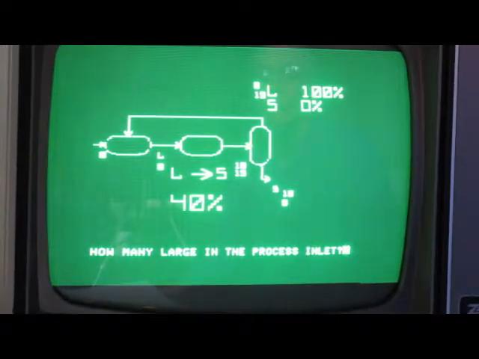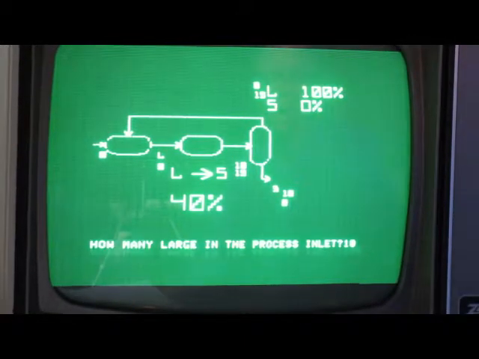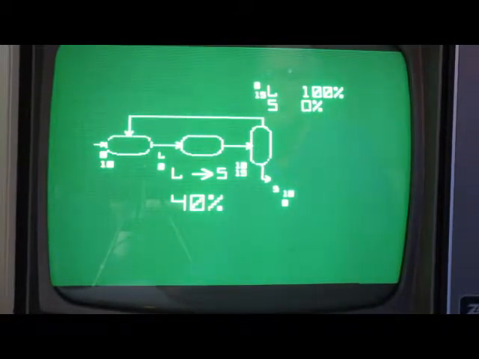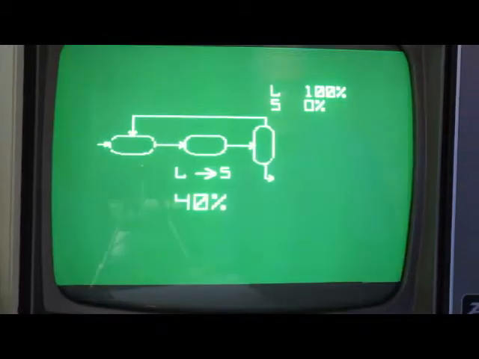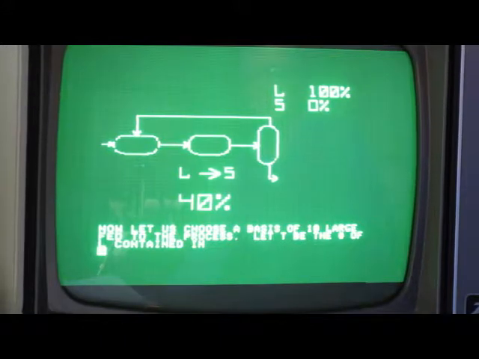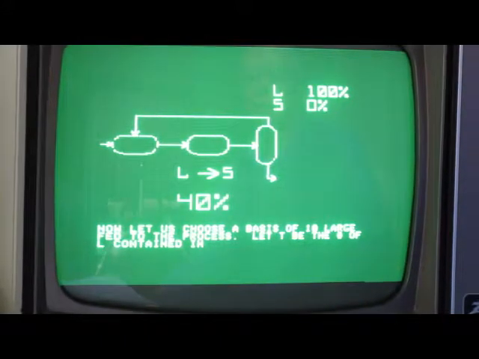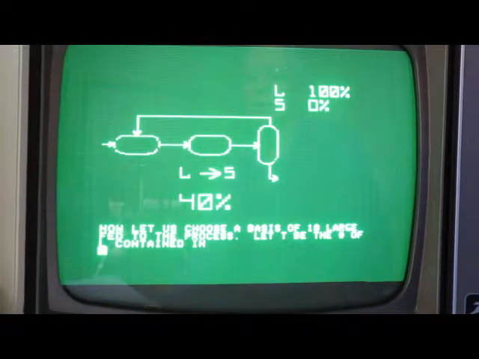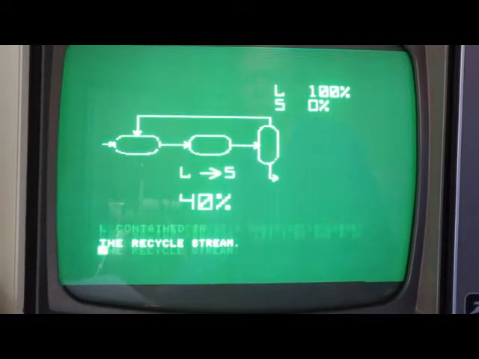How many large are in the process inlet? Next, we choose a basis of 10 large fed to the process. Let T be the number of large contained in the recycle stream.